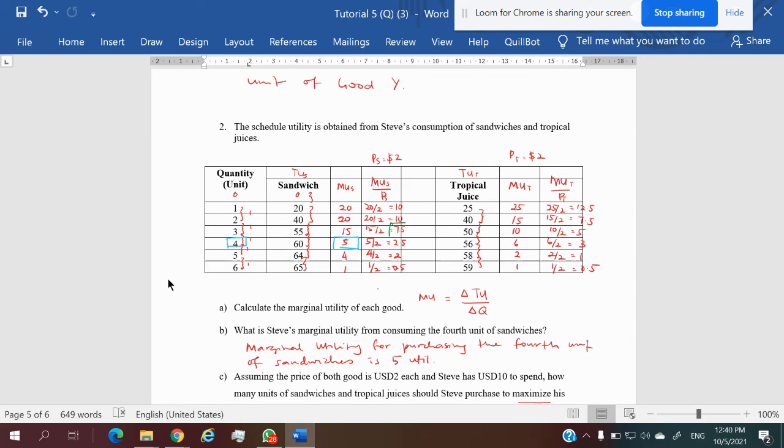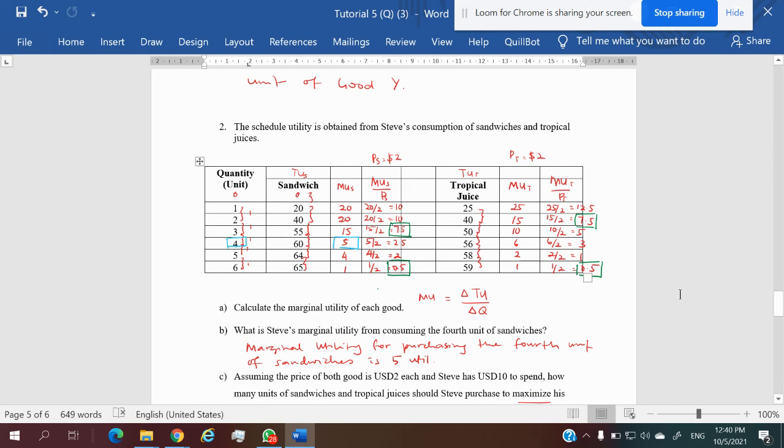So 7.5 over here is also 7.5. Other than that, 0.5 is also here and 0.5 is also here. So what is the combination of goods? We have 3 sandwiches and 2 juices. Another one is 6 sandwiches and 6 juices.